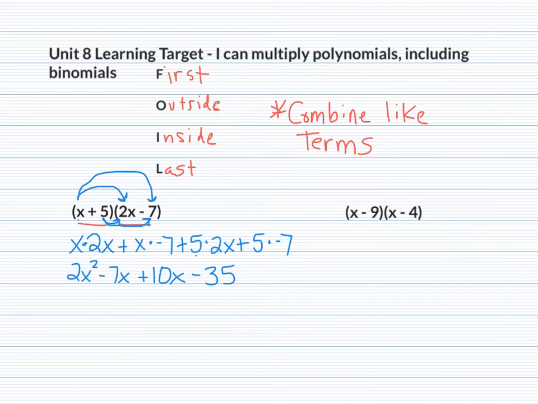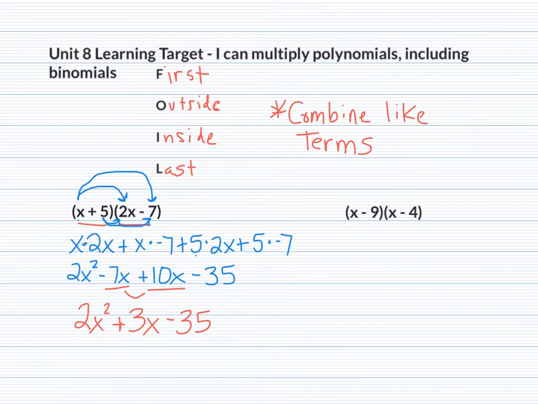I know in class we saw several examples, and many of you were very quick to tell me we're not done yet because we have some like terms we can combine. So our final answer is 2x squared, all right, -7x plus 10x is plus 3x, minus 35. There's our final answer.